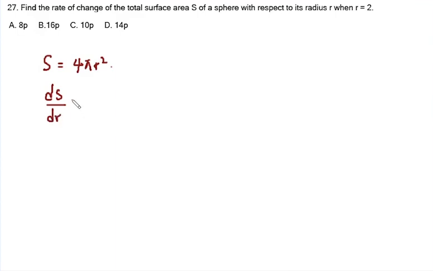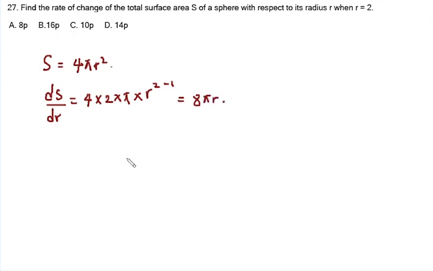dS over dr is differentiating with respect to r. So this is 4 times, the power comes down, 2 times pi times r to the power of 2 minus 1, which is equal to 4 times 2, which is 8 pi r.